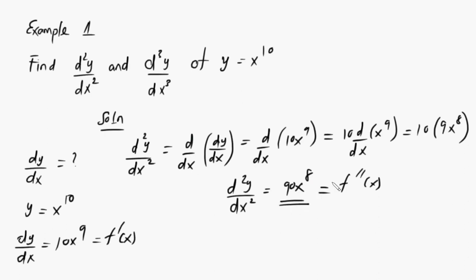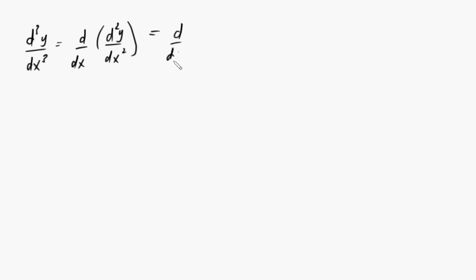So I can also find now the third derivative of that one. So the third derivative now, this one, is just the derivative of the second derivative. So the second derivative ni nini? Ni 90x power 8.